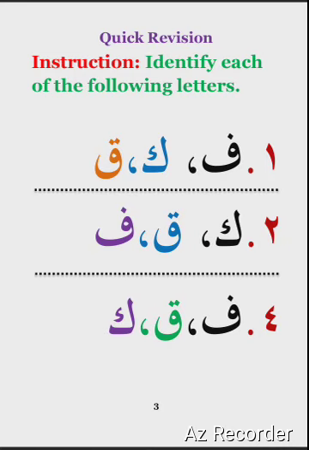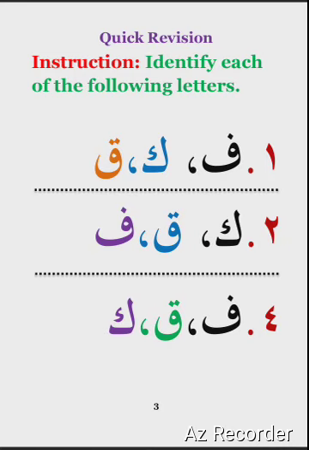So now the second letter is Qafun. Qafun has two dots, which makes it different from Fa'un. And Qafun also has a round head. Now the last letter, the third letter from the third line, is Kafun.